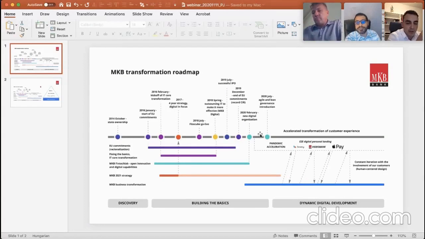So as Mark mentioned, MKB is, as of today, a 70-year-old organization, but there is some history to understand our transformation. Our bank was in a pretty bad situation. We had a lot of bad debt. We had a huge legacy in terms of culture, in terms of technology, and also the state had to buy out the old buyer.